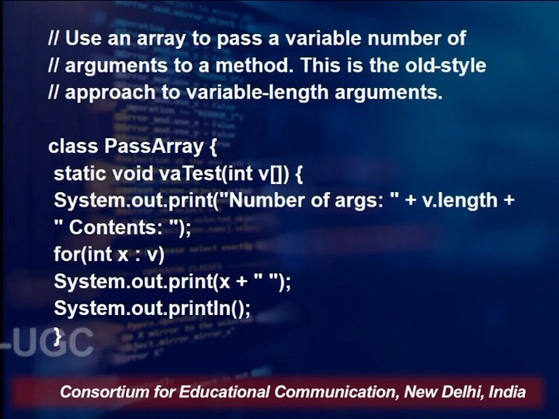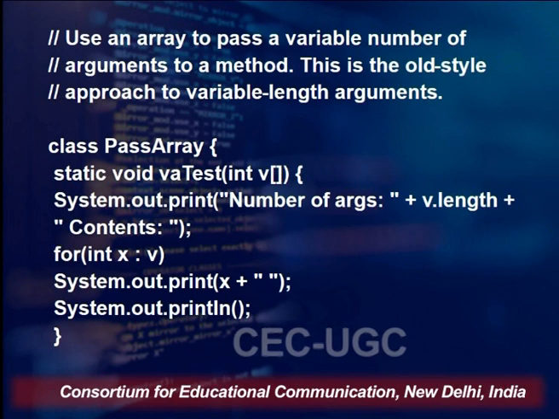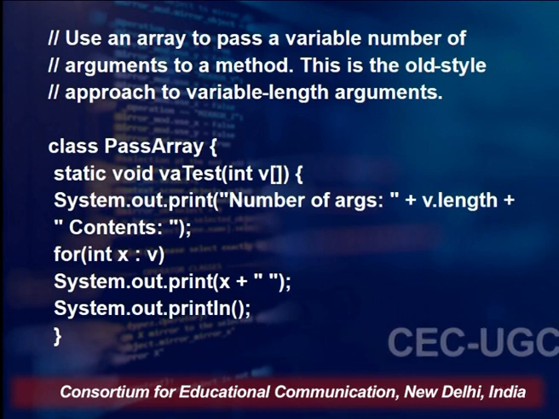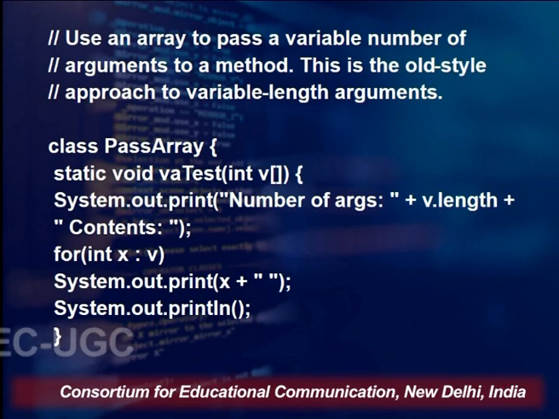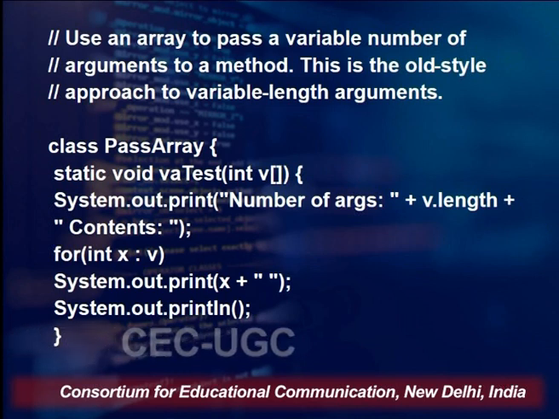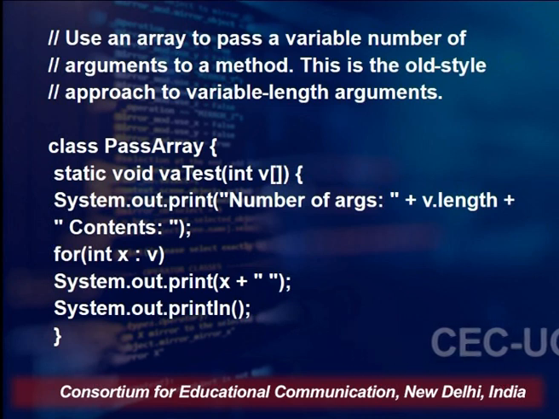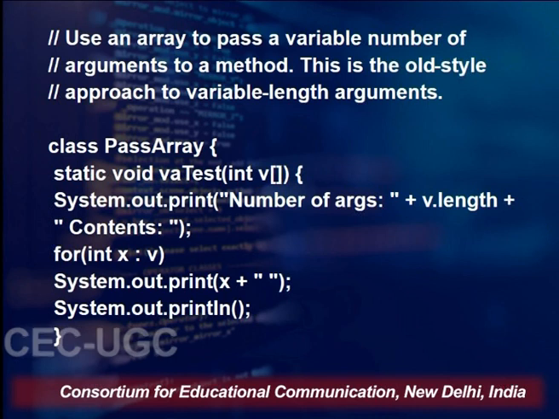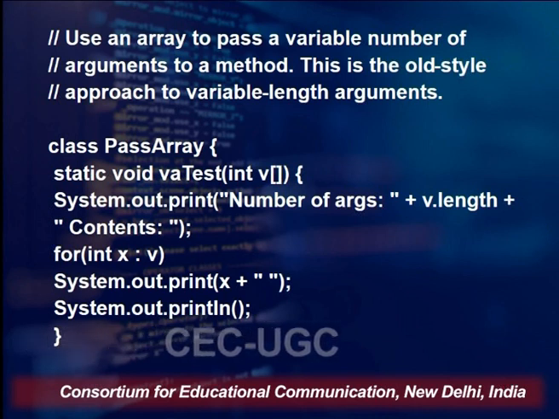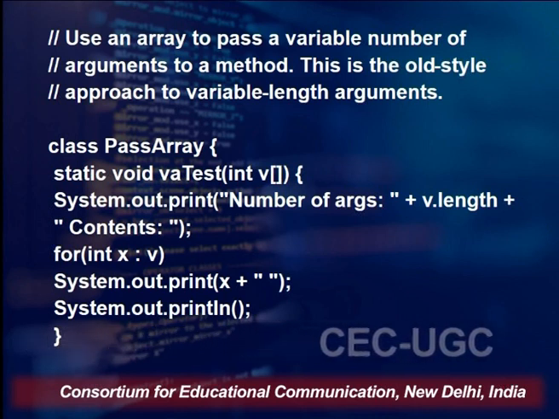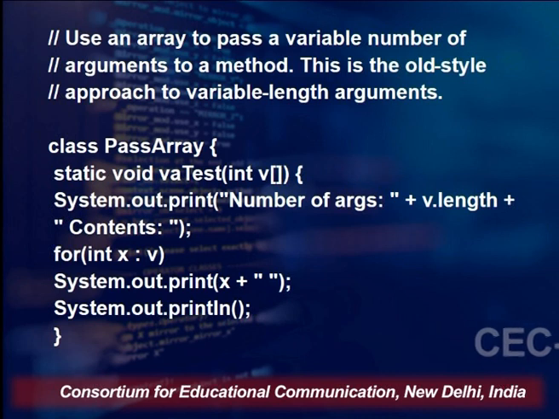The name is varTest, and within this we use an integer array v, and with its help we print the number of arguments: the number of arguments is v.length plus the constant text, and for int x in v we print x.